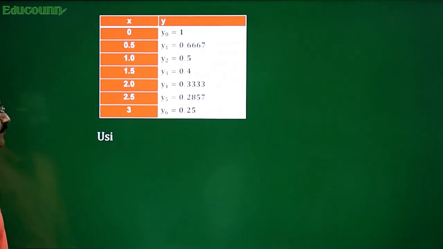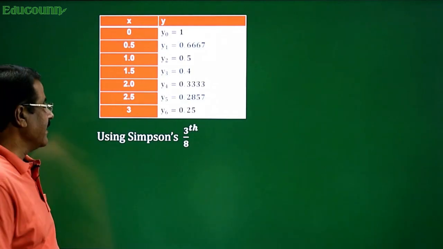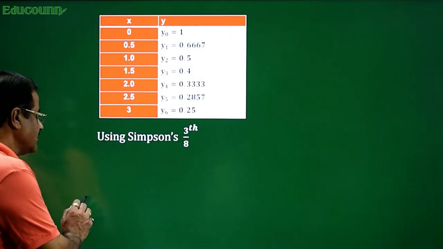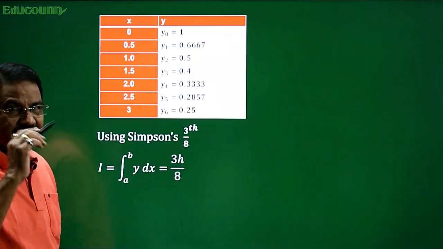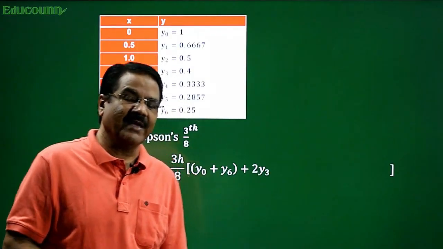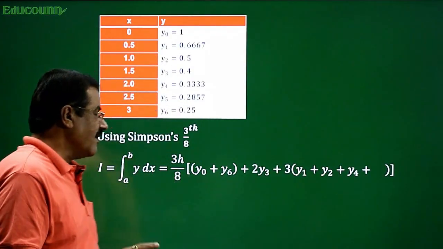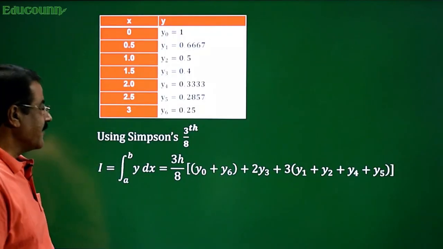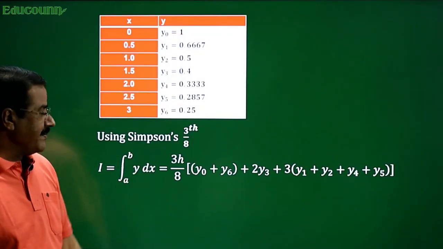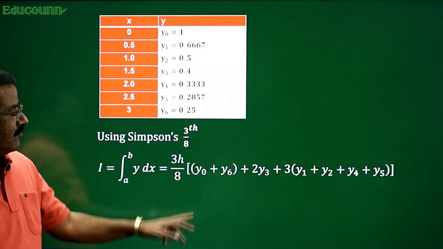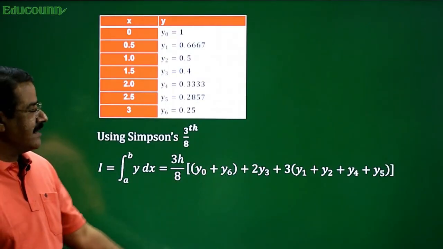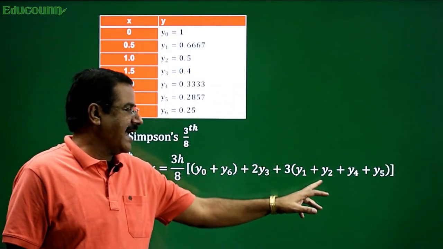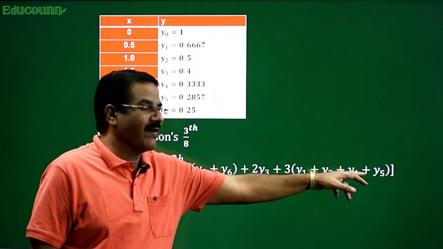And now we have to see which rule can be applied. We have to apply Simpson's 3/8 rule, because n is equal to 6. n equal to 6 means it is a multiple of 3, and that's why here we can write down the formula 3h by 8, y0 plus y6, and then 2 times y3 plus 3 times y1, y2, y4, y5.